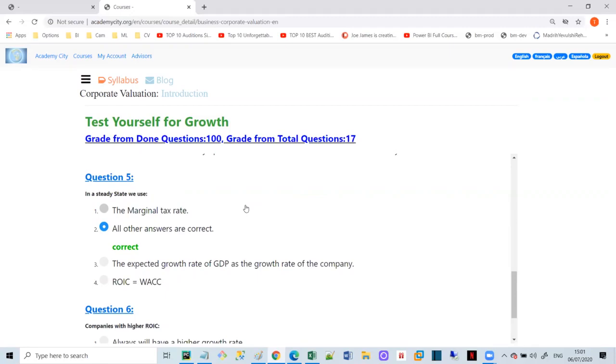Then you should explain that if this assumption didn't hold, if ROIC was higher than the WACC, that means this company is going to go up in value to infinity over many years. Since we're using the Gordon equation, that's the only reasonable assumption to make. If ROIC was lower than WACC, this company would shrink over time, and in 100 years it would definitely disappear. Okay, so this is the only sensible assumption to make.